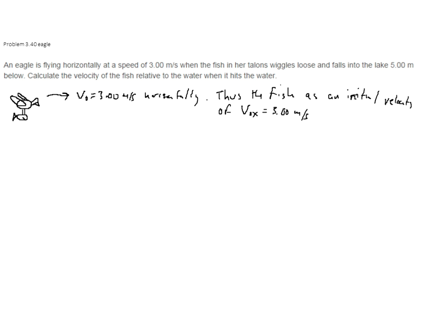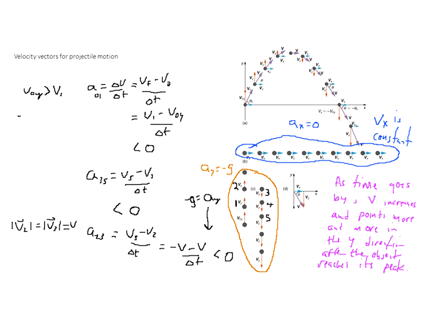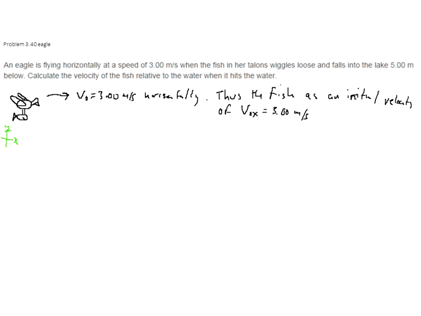We're going to go with the traditional XY number line here. All right, so this thing is going to let go. And if you remember from what I said a little bit ago, Vx is constant. Vy, this time we don't have an up motion, just a down motion, so Vy is going to be continually increasing in the downward direction.